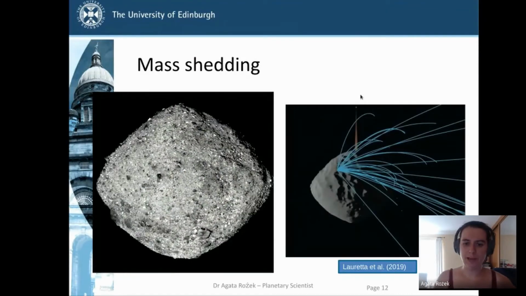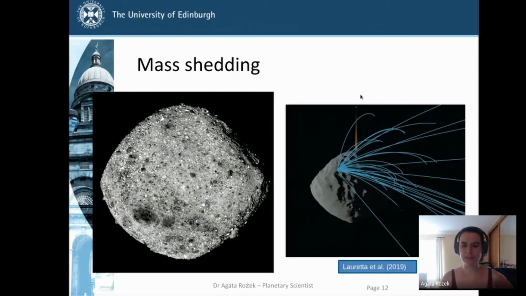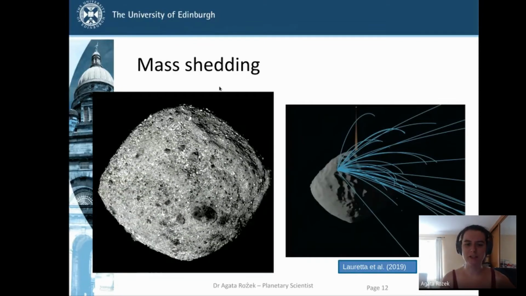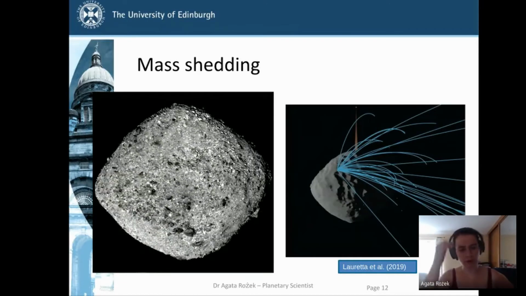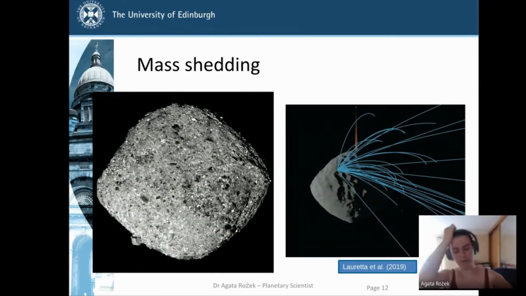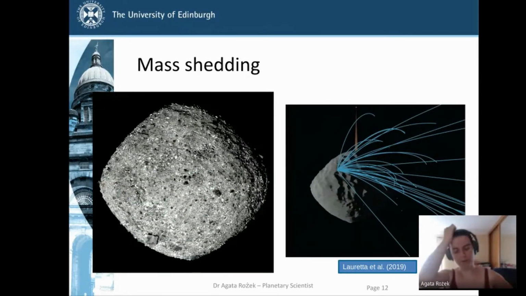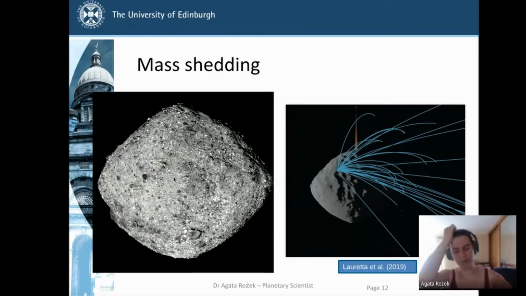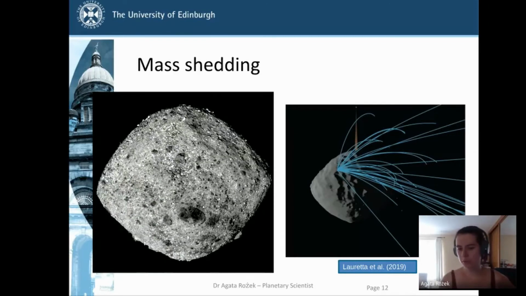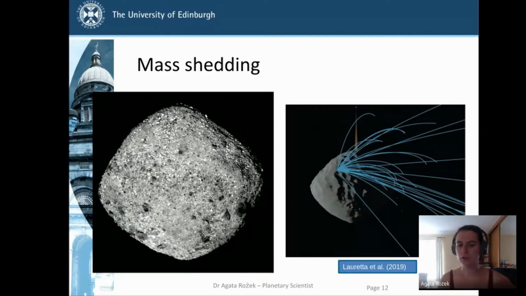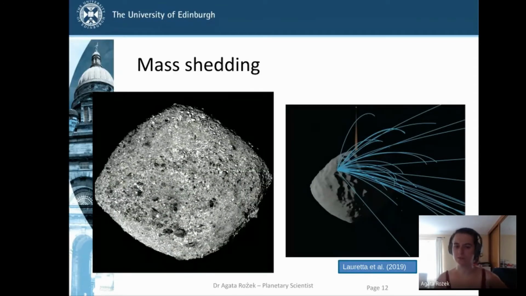And another thing that can happen when the asteroid is spun up quite quickly is it can shed mass. So the stones on the surface of the object are quite loosely bound, and we can observe sometimes them escaping from the surface. In the case of Bennu, which is shown here, it's not so sure that it is because of the fast rotation.